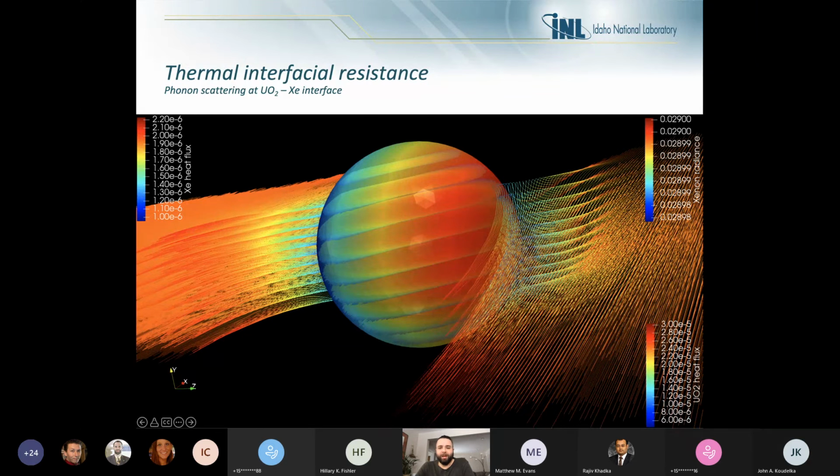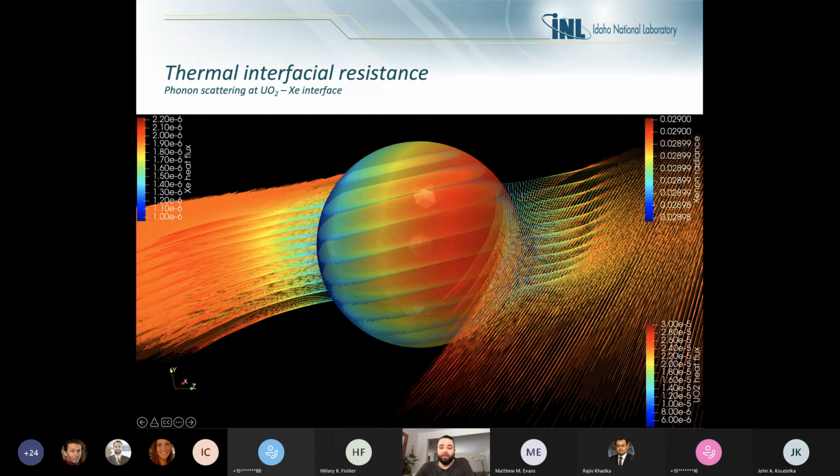In this simulation, heat's traveling from right to left, and the bubble is being heated by the temperature difference. So this red area and this blue area go from hot to cold across the bubble. The other thing we want to look at is the heat flux in the uranium. That's what we care about the most. If you look at these lines on either side, the orangish color is hotter and blue is colder, corresponding to the legends.